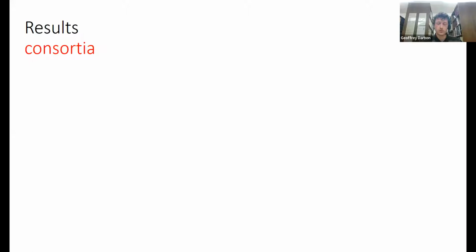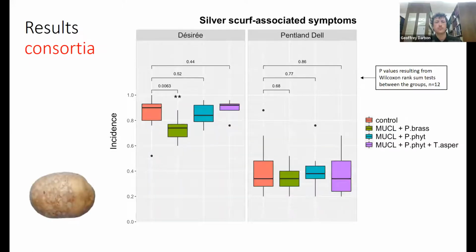For the consortia, after inoculation, we see that the silver scurf associated symptoms are lowered by the consortium in green, with the Rhizophagus and the Pseudomonas, in comparison with the control in red. Incidence is just the percentage of the tubers that were affected by the pathogen.